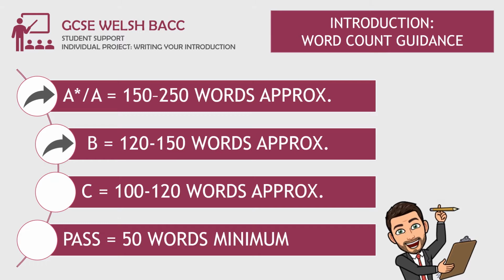For a B, 120 to 150; our advice would be to stay towards the top of that word count rather than towards the bottom. For a C grade, you're looking at 100 words to 120 words. And then finally, a pass for the individual project would require a minimum of 50 words for your introduction.